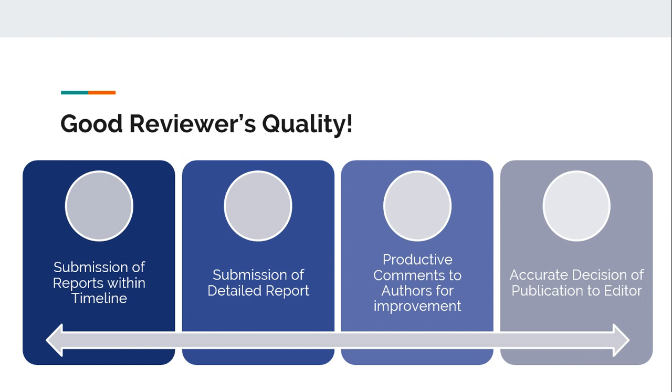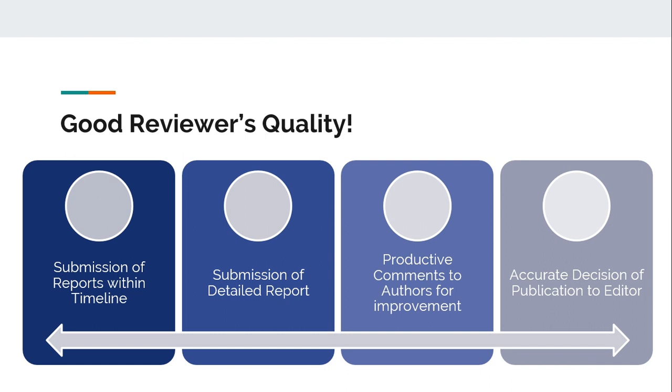And the third one is productive comments to authors for improvement. Reviewers should comment in a way that will enhance the quality of the publication, so that any author who has written the paper will take it in a productive or constructive manner to make improvements to enhance the quality of the manuscript. And the last one is an accurate publication decision for the editor.